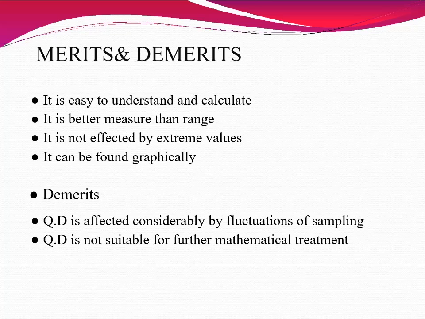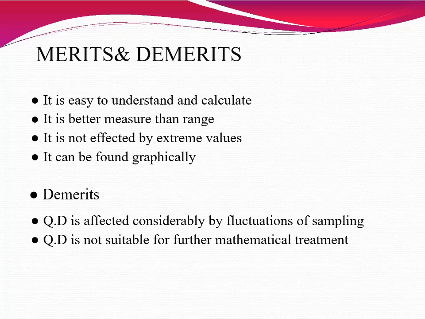Then it is not affected by extreme values because it is concerned with the central half of the distribution. So this is not affected as much as in the case of range. It can be found graphically. We have already dealt with histograms and ogives in the case of median, and just as median can be plotted, quartiles can also be plotted on a graph.